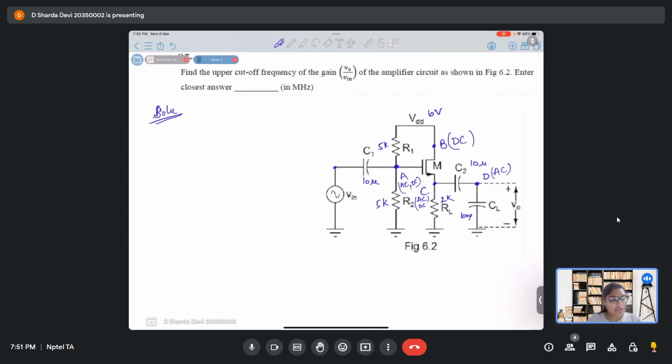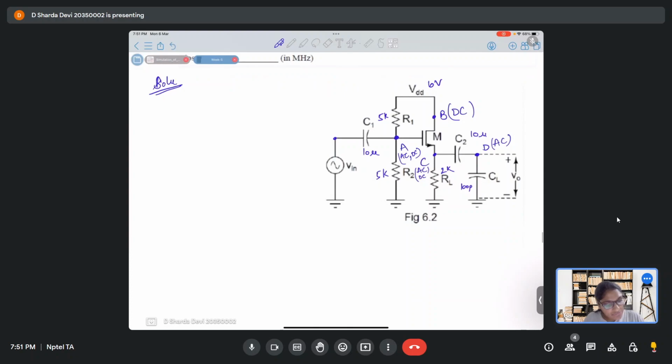So if we talk about MOSFET, look carefully at this MOSFET: of its drain, gate and source, the gate and source have AC signals, right? And when there are AC signals, it will have a frequency response.